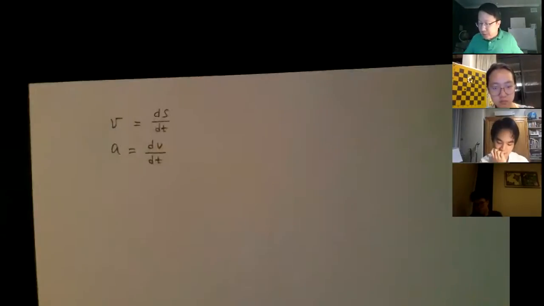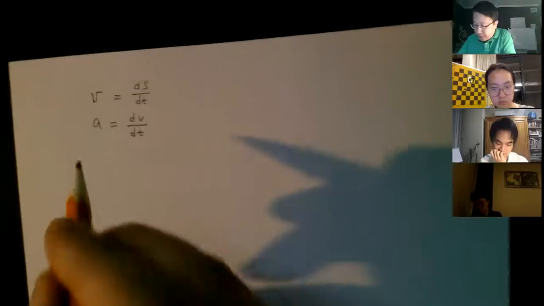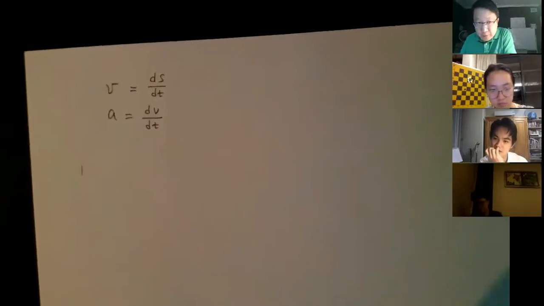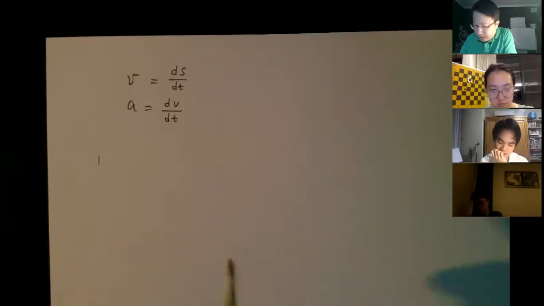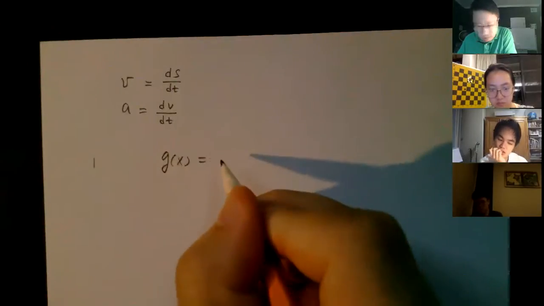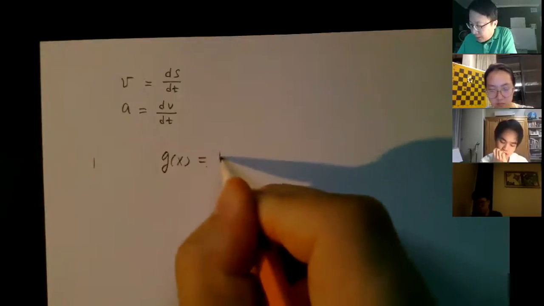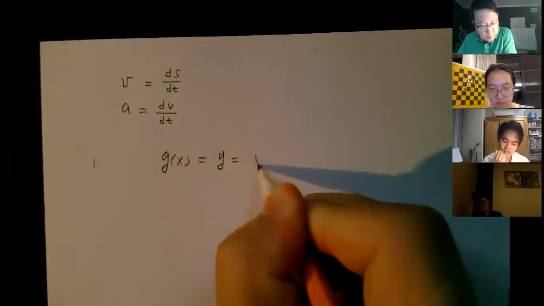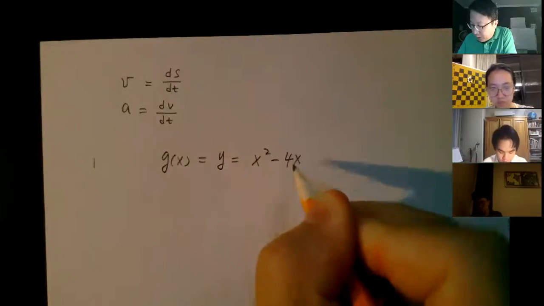Okay, now let's do something simple. For the first example, let's say I have a function g(x), or if you like, y equals x squared minus 4x.